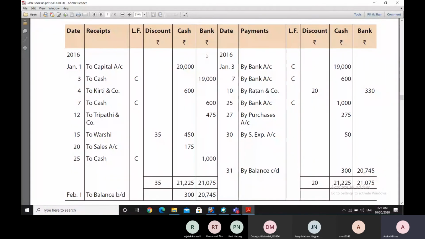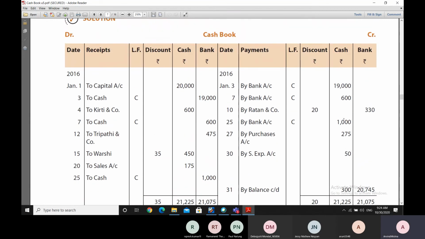So when he puts the check into the bank account, we are making a contra entry here by putting the check received into the bank account as 1,000 rupees, and here the checks which have been taken out are entered from the cash. By these checks which are taken out from the cash, the cash account is being credited by 1,000, and the bank account is being debited by that 1,000 rupees.